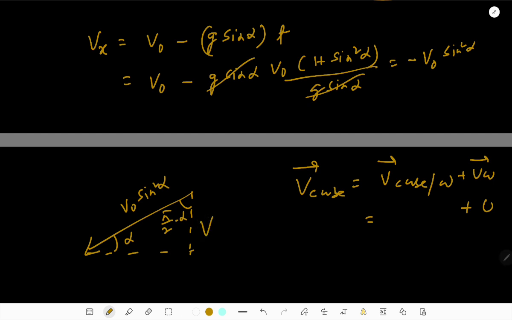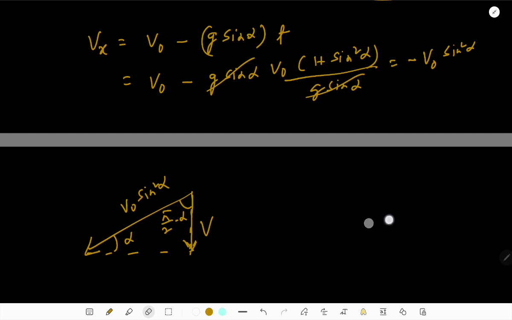If the velocity of cube is along the vertical at the moment, I got it. I don't have to think anything like this, not even the principle of superposition or anything else.